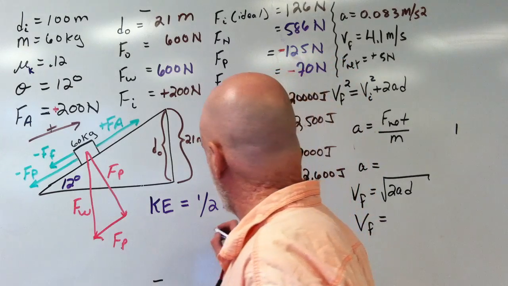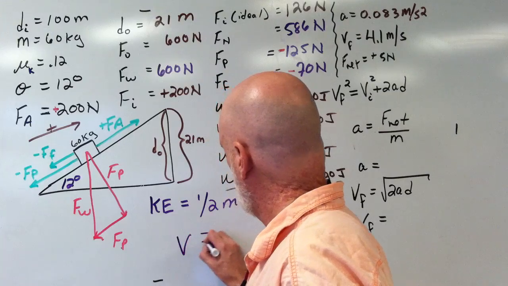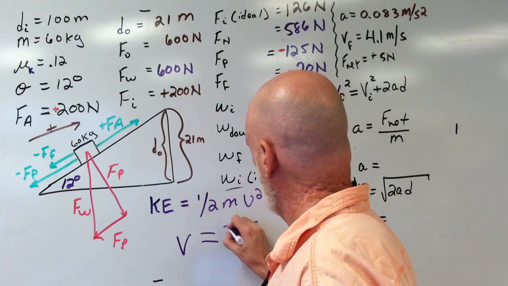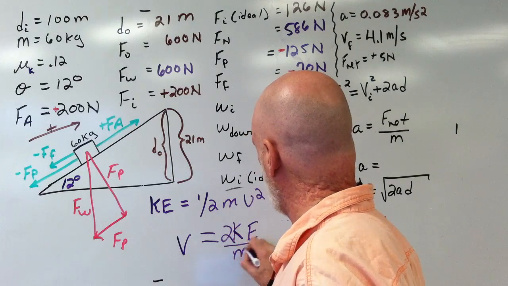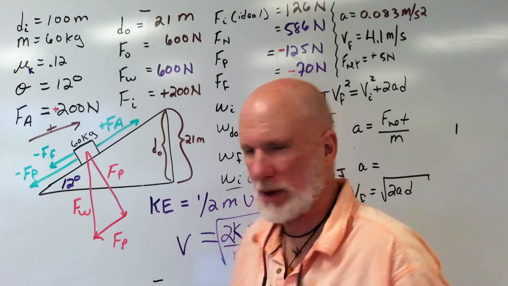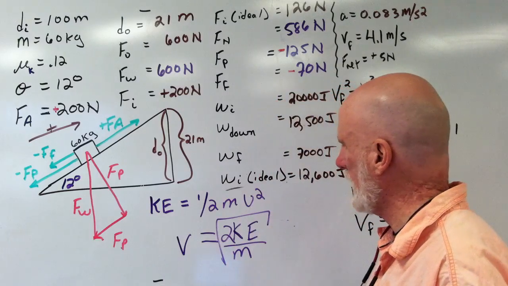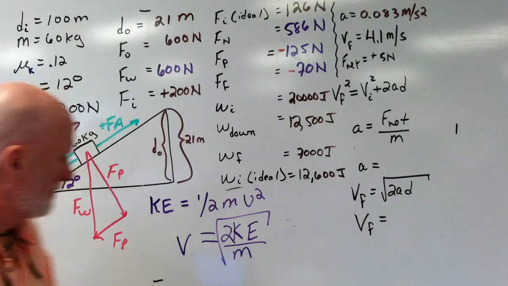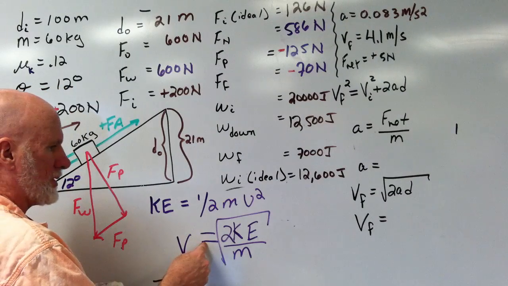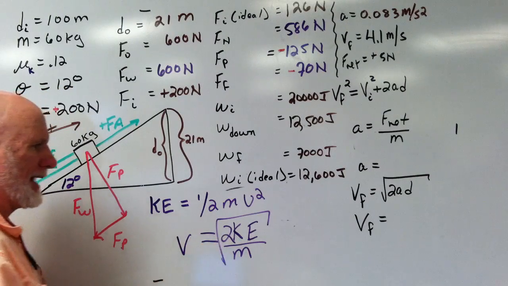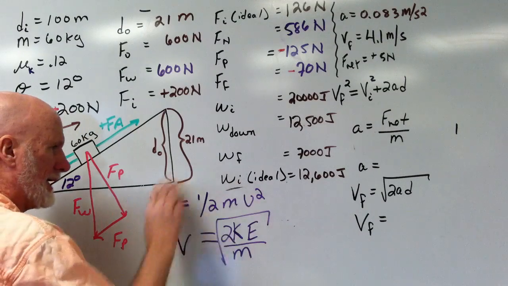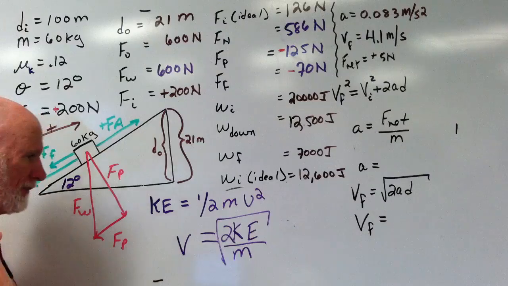So this is 500, so V equals the square root of 2KE divided by m. Is that right? You get that? Yes? You with me? Okay.